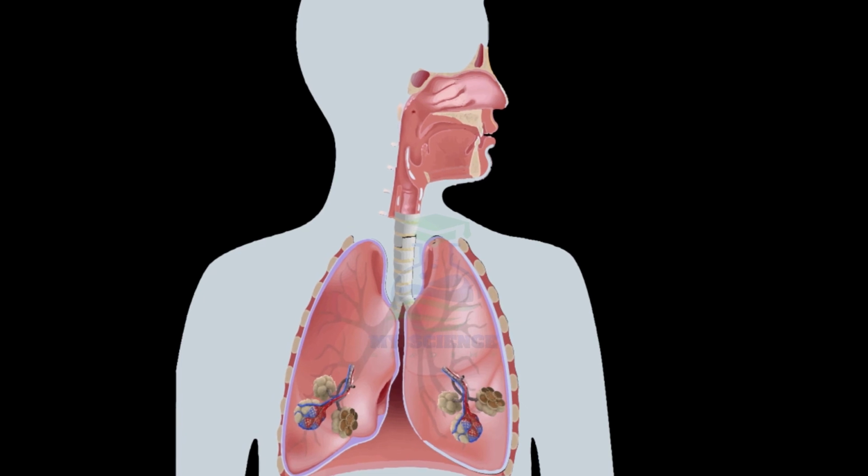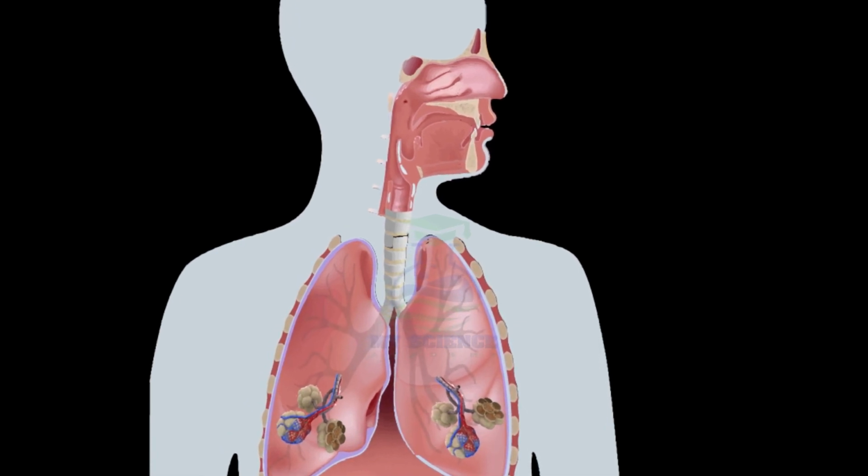At the end, let us see the complete pathway of the air passageway. Air from nose enters into the nasal cavity, and from nasal cavity through internal nostrils it enters into the pharynx.